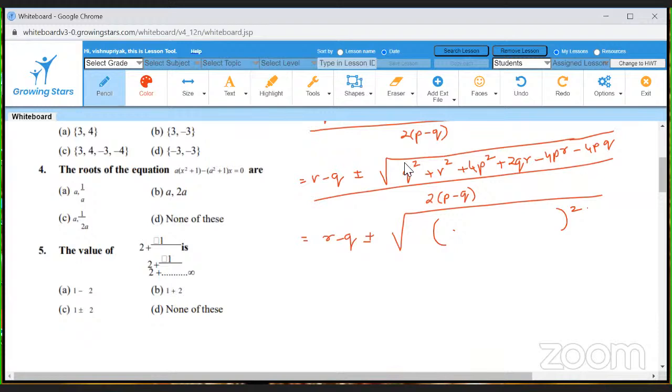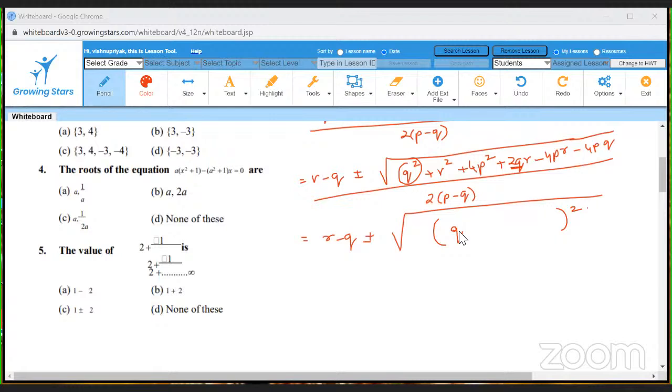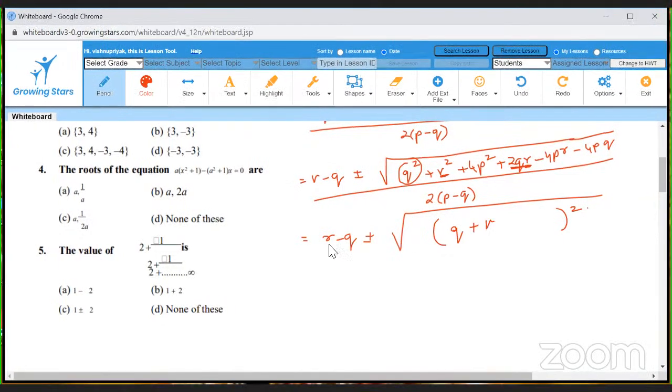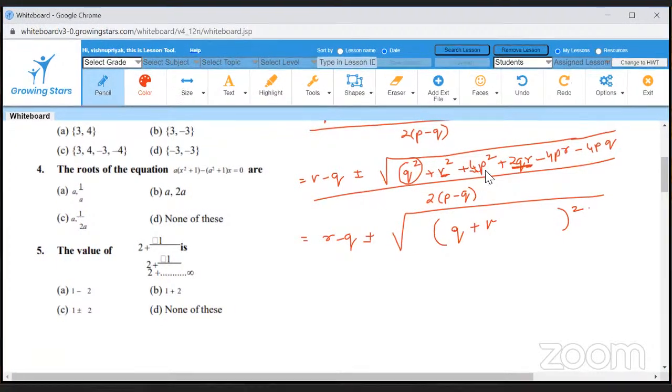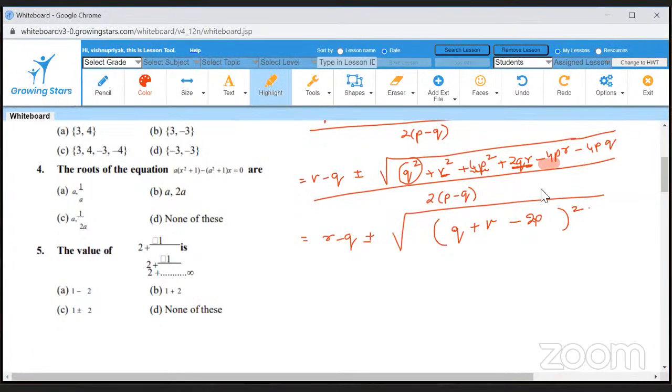Suppose Q square is there. Q is positive, so I can take just Q. If you want, you can take negative Q, but I am taking positive Q. And then R square. R is also positive here, so I will take positive R. But for this 4P square, I will take negative 2P because there are some negative terms also.